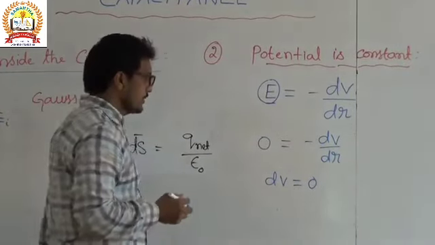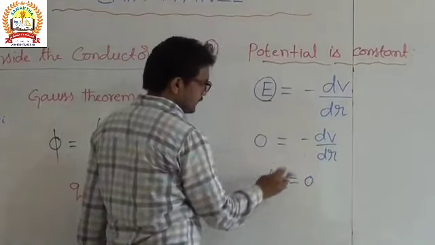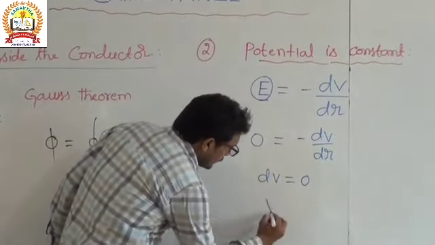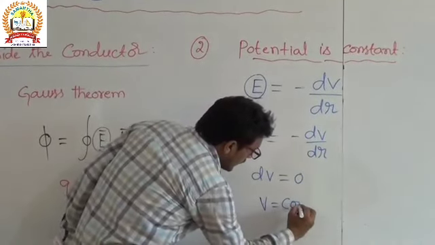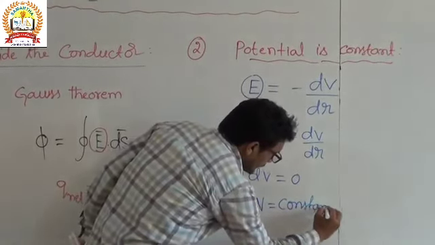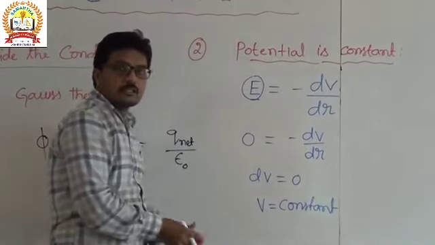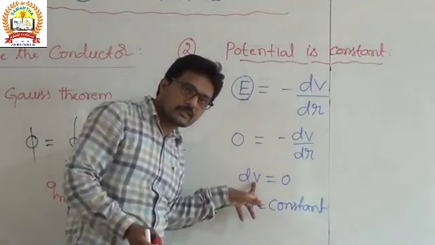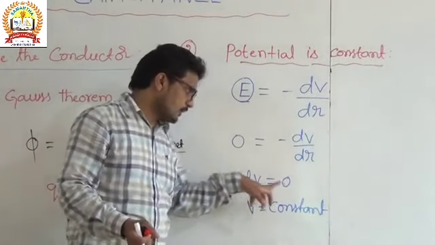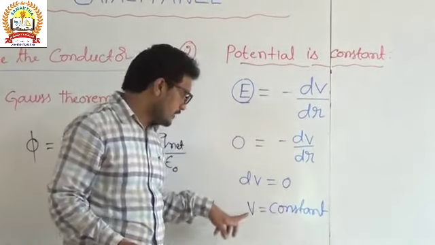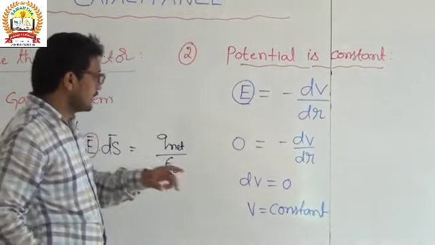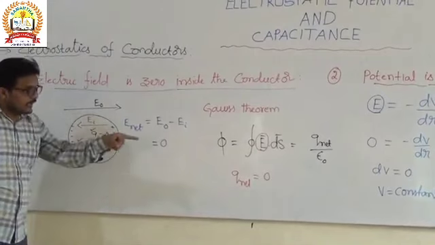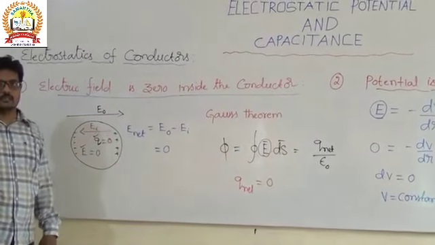When the differentiation is 0, then V is equal to constant. Here dV represents potential difference, so the potential difference will be 0. It means that inside the conductor, the electric field is 0, whereas the potential is constant.